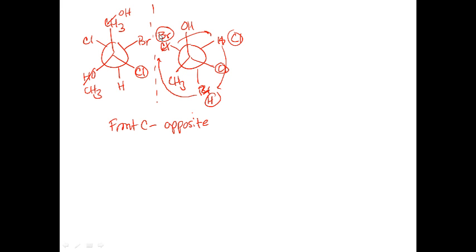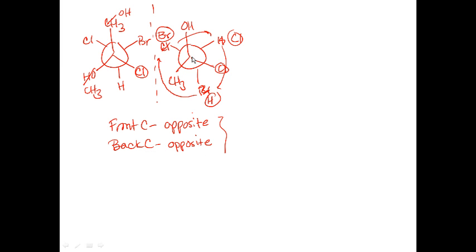These are two mirror images of each other. So the bromine is here, the chlorines, and the H. So the back carbons have opposite configurations as well, because I can orient them to be mirror images of each other. If they were the same orientation, they'd be the same configuration.